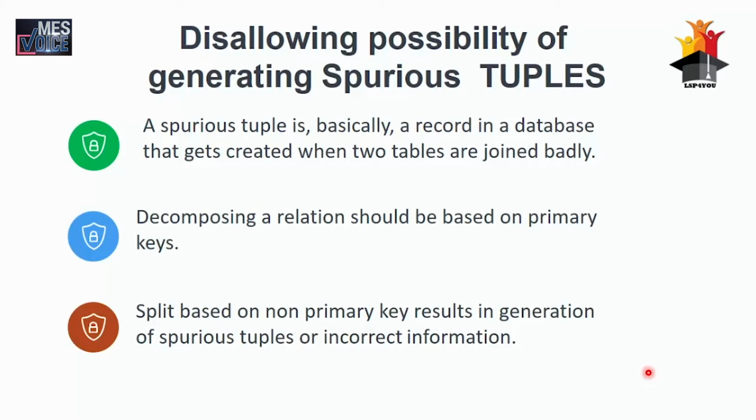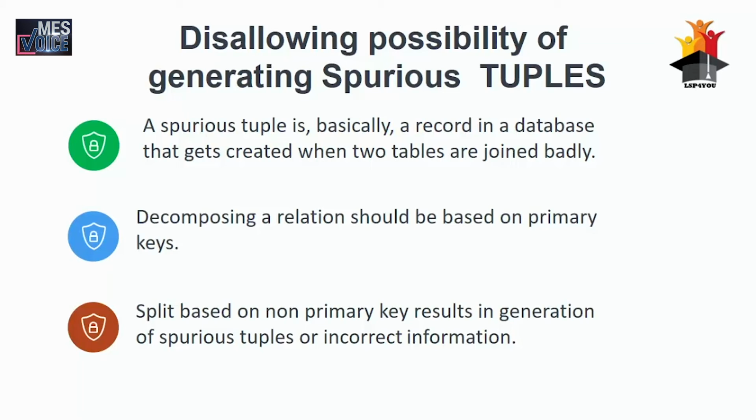Now we'll see the last informal design guideline, disallowing the possibility of generating spurious tuples. A spurious tuple is basically a record in a database that gets created when two tables are joined badly. For avoiding redundancy, we decompose the base relation into small relations.